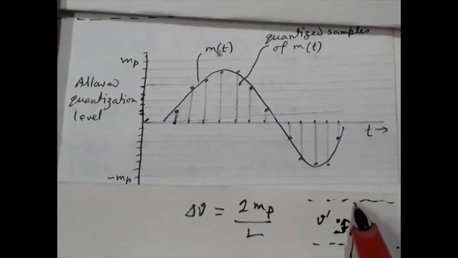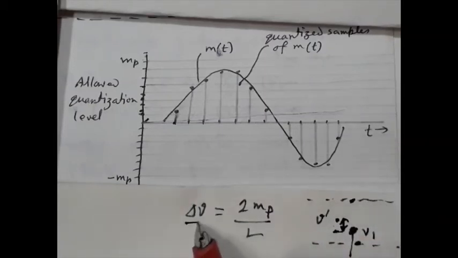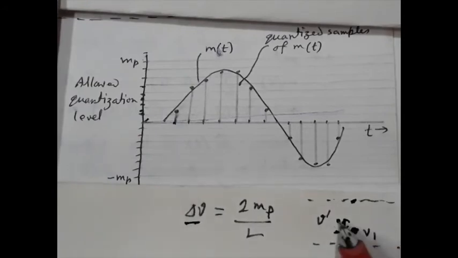Now if we had given the upper voltage or lower voltage, then the amount of error would be plus minus delta V. But if we assign the midpoint value V dash of a particular sublevel, then the amount of error will be delta V by 2.